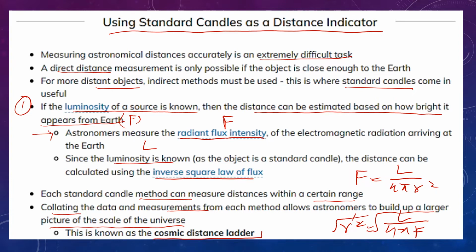You cannot use one method, like the Cepheid variable, to measure the distance of the whole universe, or use type 1A supernovae to measure the distance of any galaxy from the Earth. For every set distance there are different methods. For shorter distances you will be using a different method, and for longer distances you will be using a relatively different method.